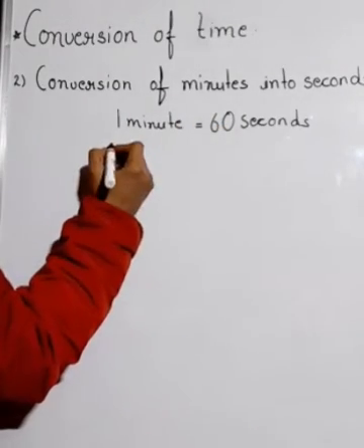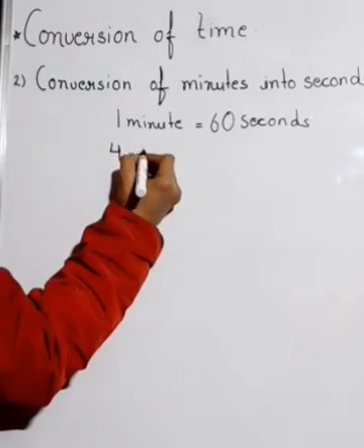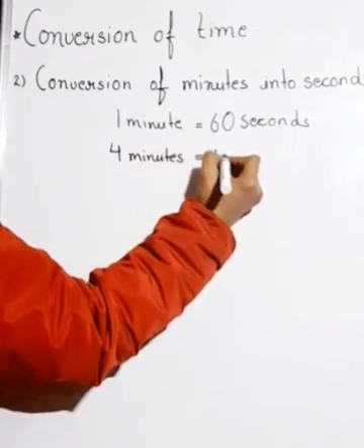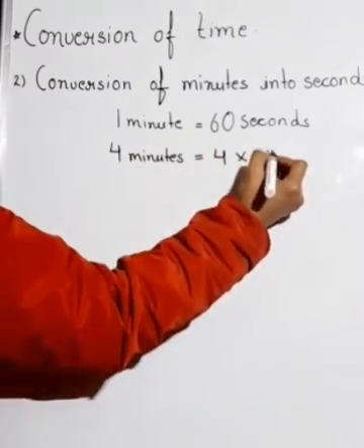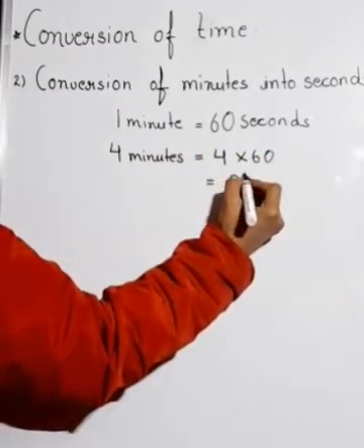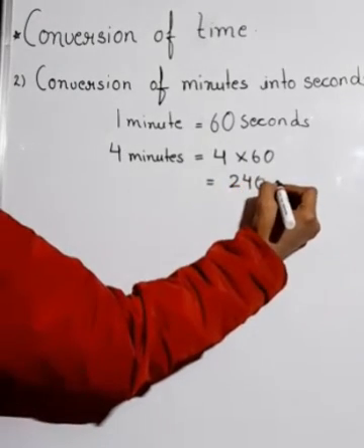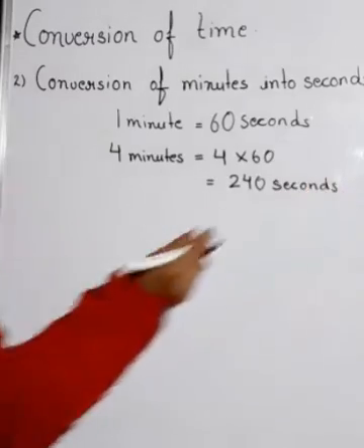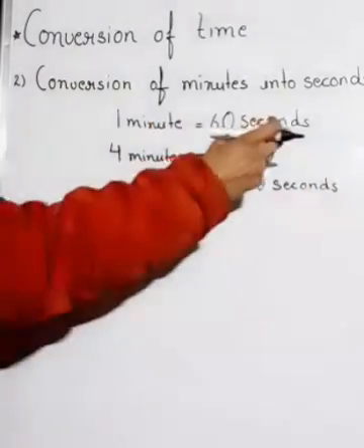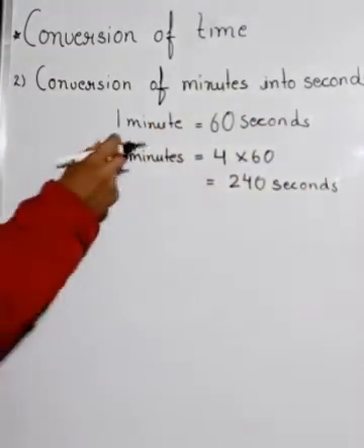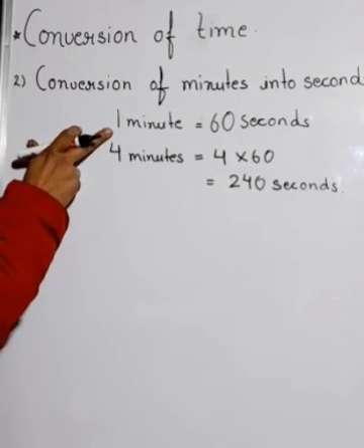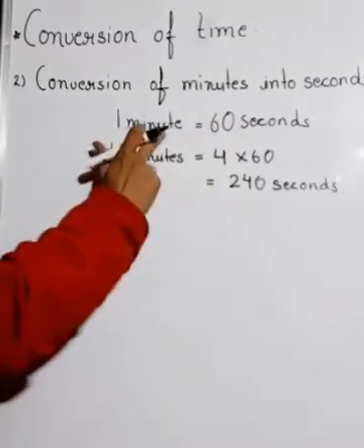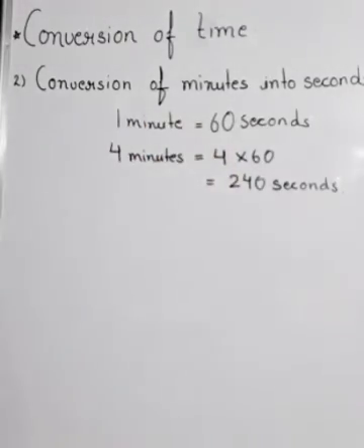For example, if you have to convert 4 minutes into seconds, 4 into 60, and 6 fours are 24, so this will be 240 seconds. So for converting minutes into seconds, we have to multiply the given number of minutes with 60. Why with 60? Because in 1 minute we are having 60 seconds.